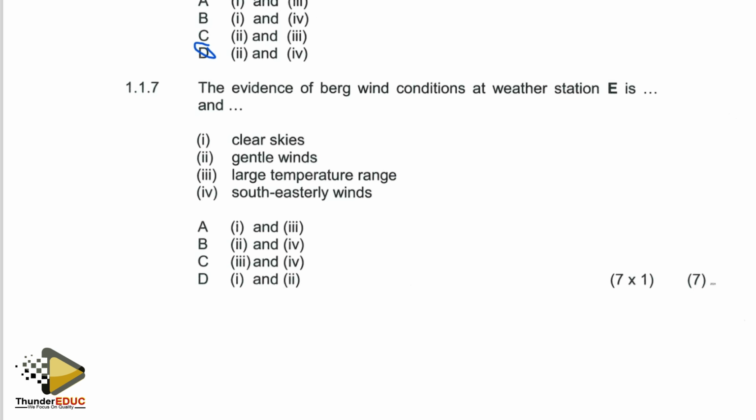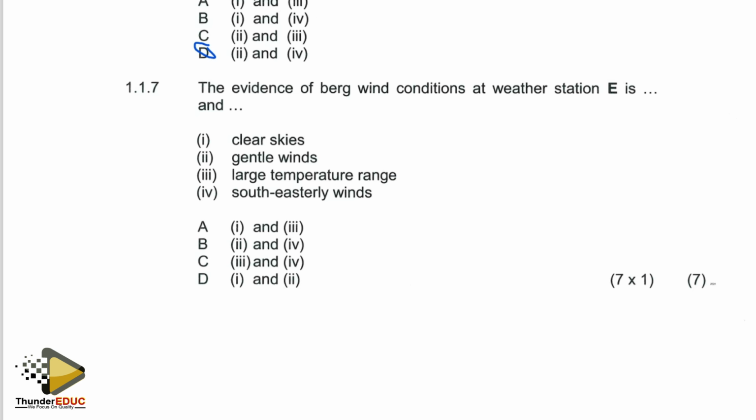General winds: we cannot talk of general winds, since the wind speed was 30 knots, which is not general, so we are phasing out response item number 2. Then a large temperature range: at that weather station we had a minimum of -9 and a maximum of +27, which is a very wide temperature range of 36 degrees Celsius.